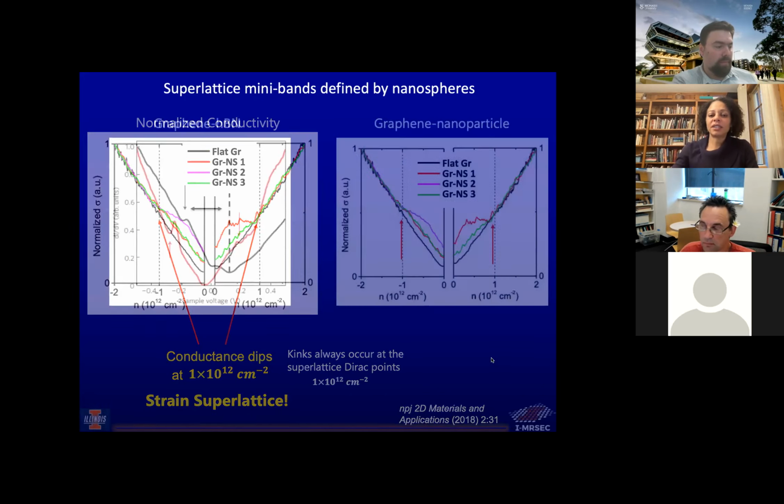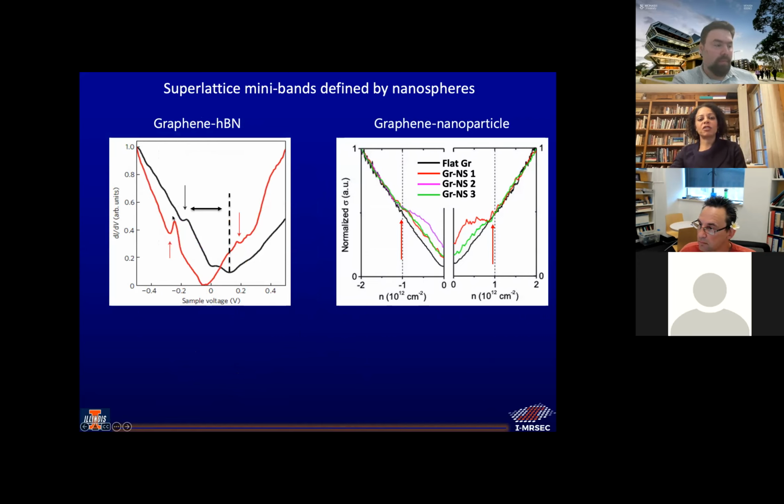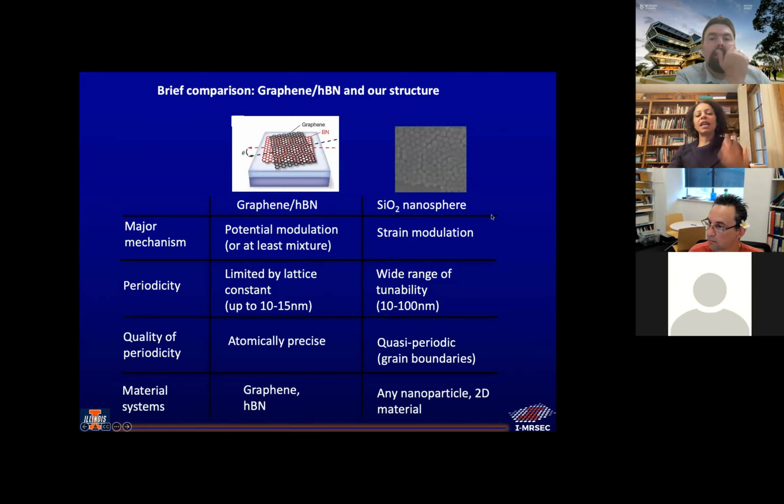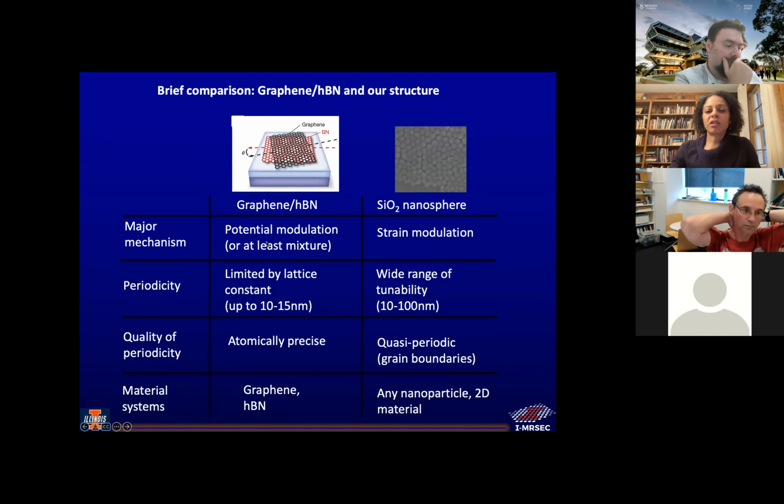And just to mention, this is our data compared to what you see for graphene on boron nitride, and it's not perfect because we do have a pretty disordered system, but it's still pretty clearly there. And I should mention that this is the nice thing about these nanosphere systems: unlike the graphene on boron nitride, which is mostly potential modulation, or at least a mixture of potential and strain, here it really is strain.